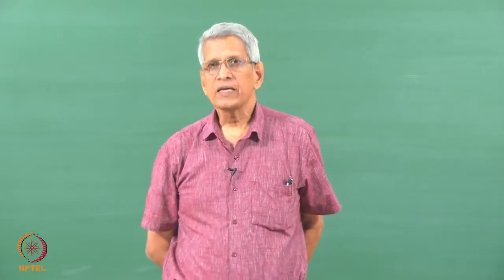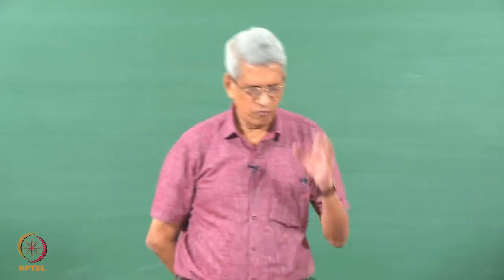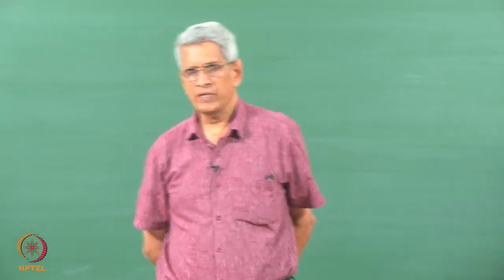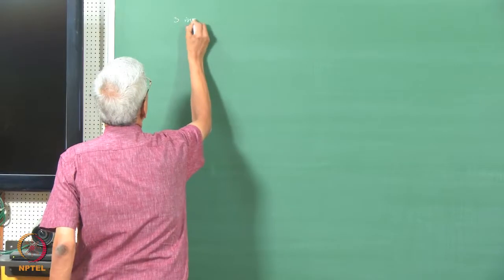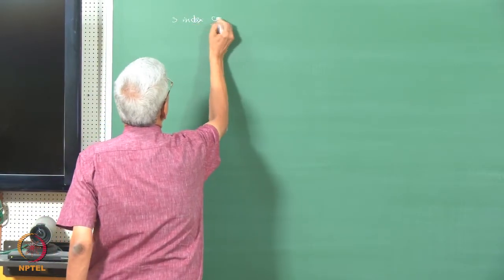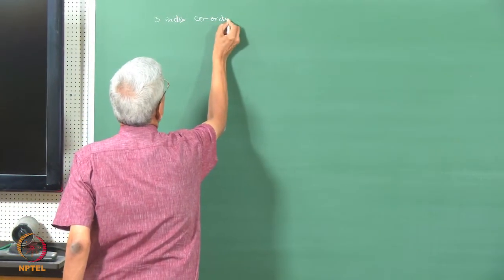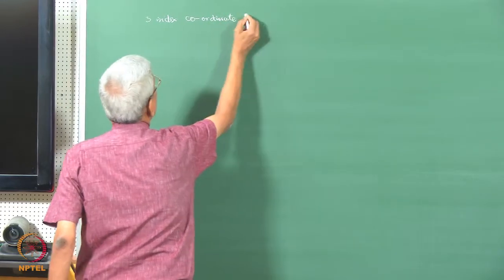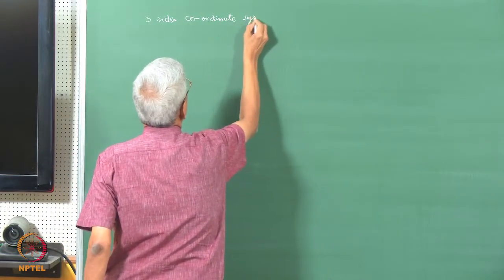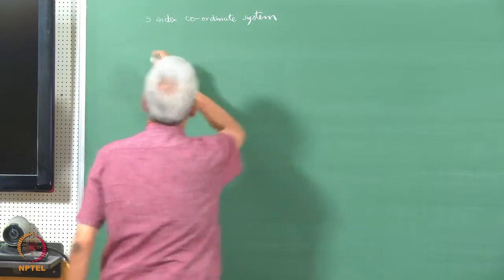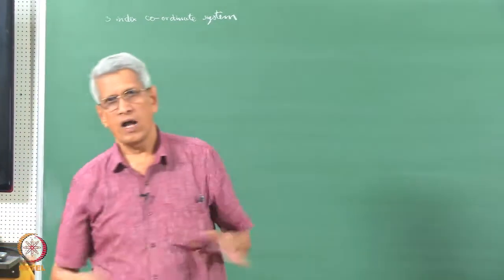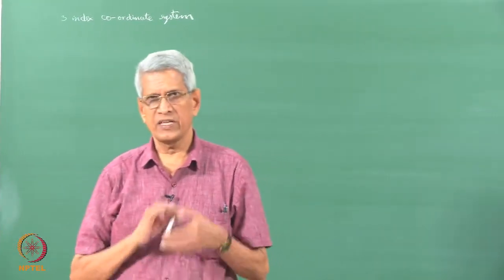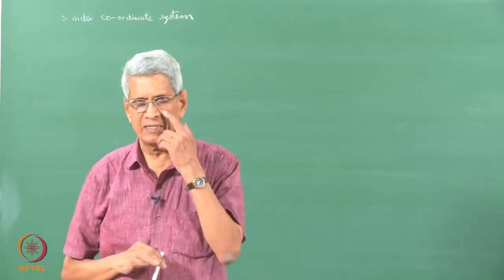In crystallography, when we try to represent the crystals, we essentially use a 3-index coordinate system. That is how we represent the crystal structure, including all the 7 classes, including hexagonal crystals.